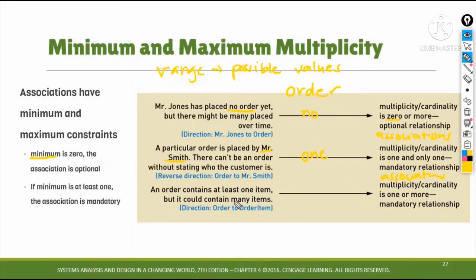Also, another example is that a customer can order 1, 2, 3 or even more orders. So the multiplicity is 1 or more associations. So here, no order is the minimum association, another one is 1 and only 1 association, and 1 or more associations.